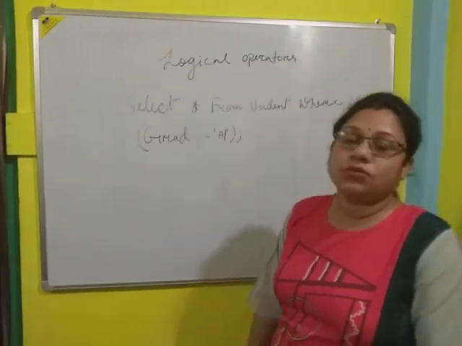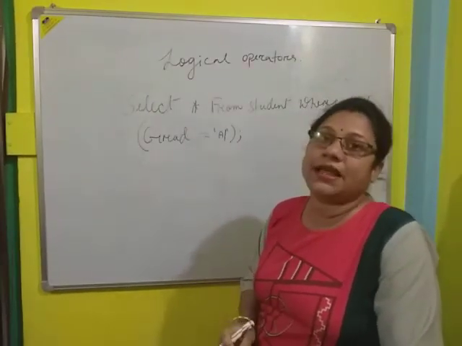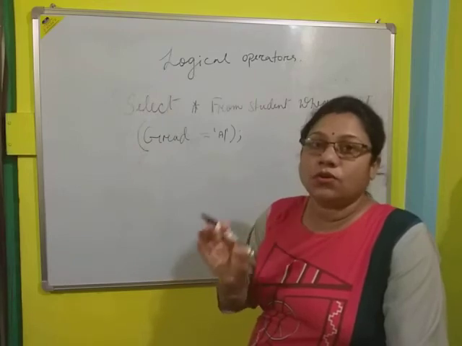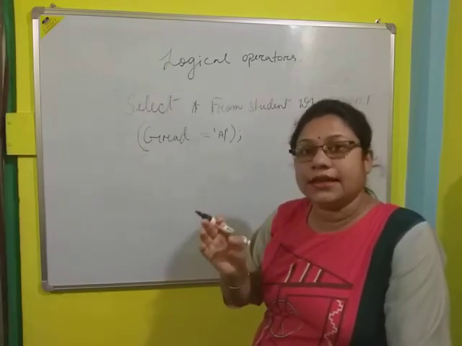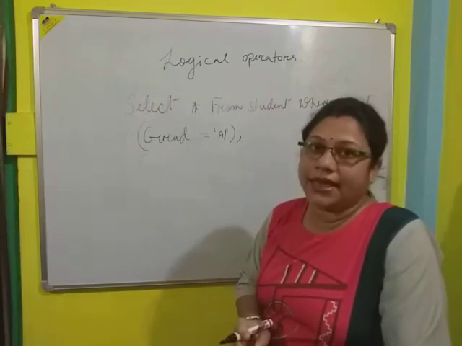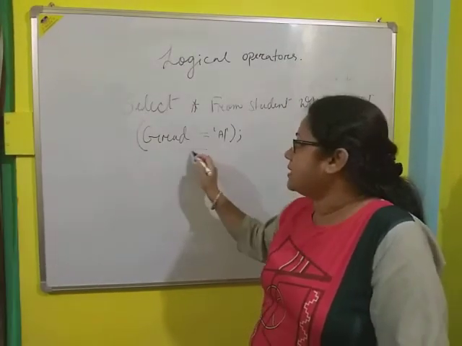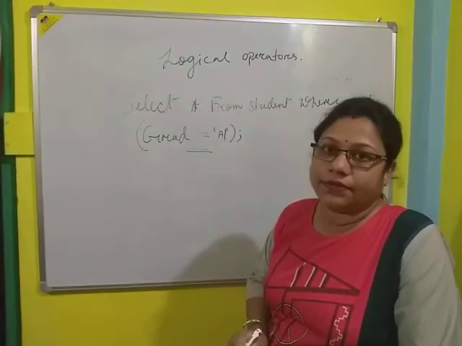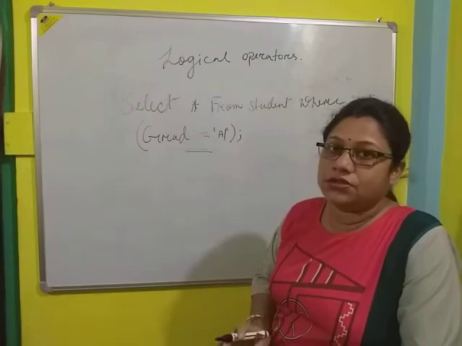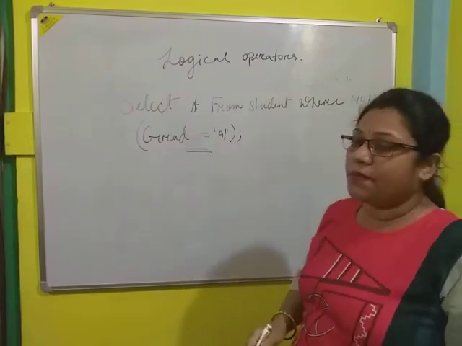So that means I don't want to display the names of the students whose grade is equal to A1. Okay, that means I don't want to satisfy this condition. I want to remove it. So that's why I am using the NOT operator.